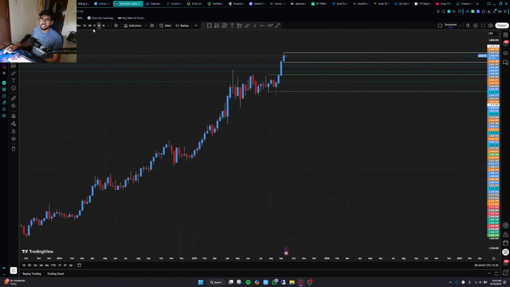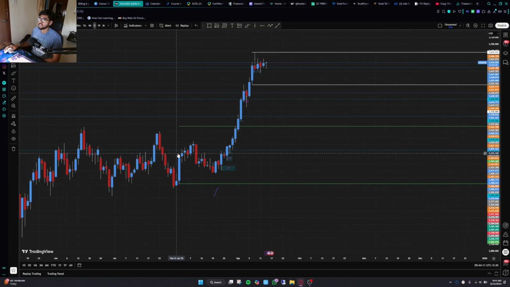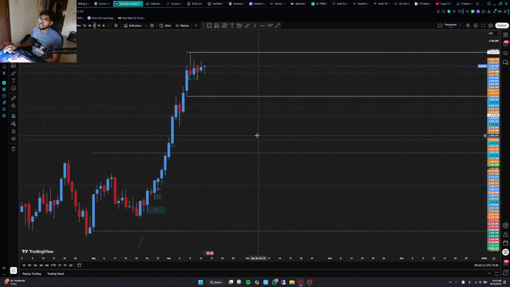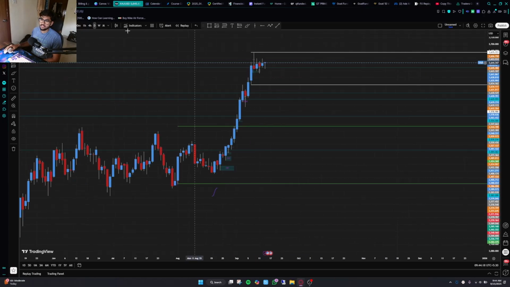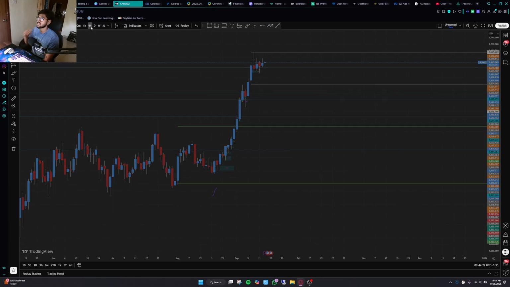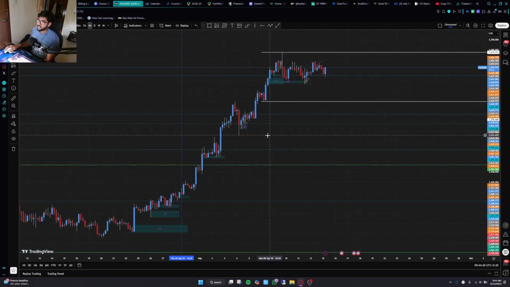You can see these three big candles. Let's go on to the daily. Daily is consolidating, creating some sort of a range or some sort of a support. It could be a support, it could be a resistance. We're yet to see. So month, week and day, we're on the uptrend in general.